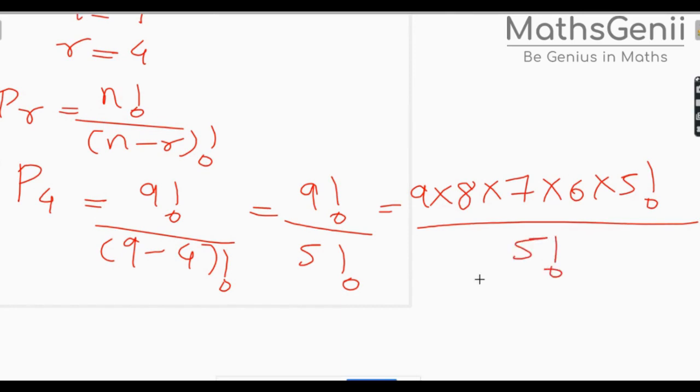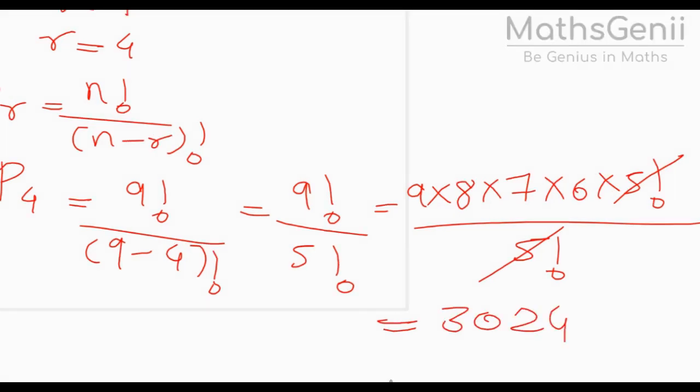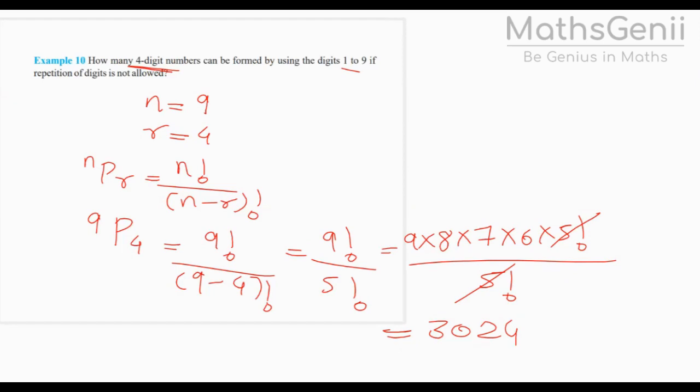So 5 factorial and 5 factorial get cancelled, and whatever you get after the multiplication: 9 into 8 is 72, 72 into 7 into 6. 7 sixes are 42, so you get 3024. So this is how you apply the formula.